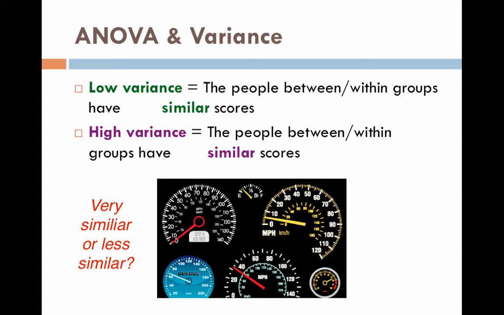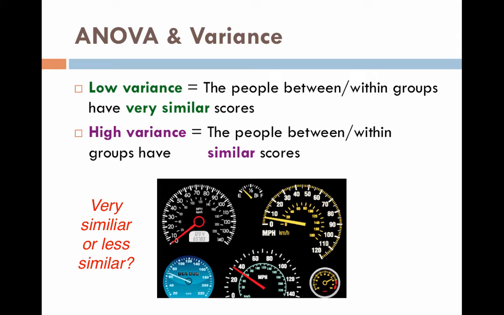So when we're talking about low variances, this is when we see that people within groups or between groups have very similar scores. If the 5 people in our group, if the participants within our sample have very similar scores, then there's going to be very low variability. They're going to look the same.